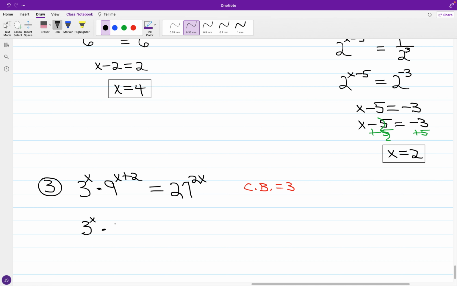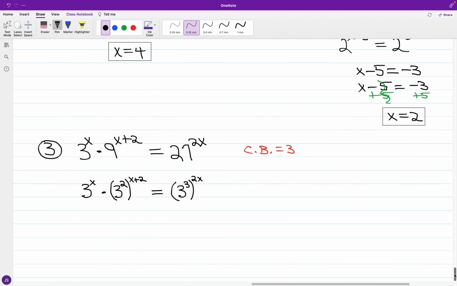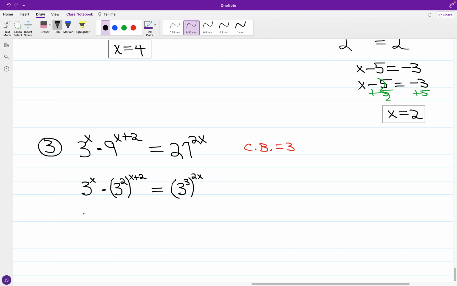In terms of base 3, 9 to the x plus 2 is going to be 3 squared raised to the x plus 2. And for 27 to the 2x, 27 is 3 cubed, and this will be raised to the 2x. Okay, so applying the power property of exponents.